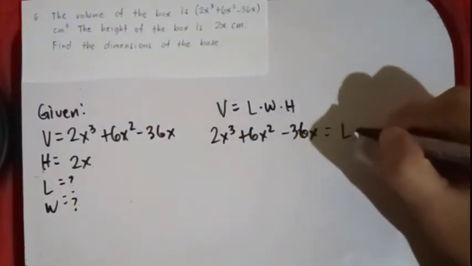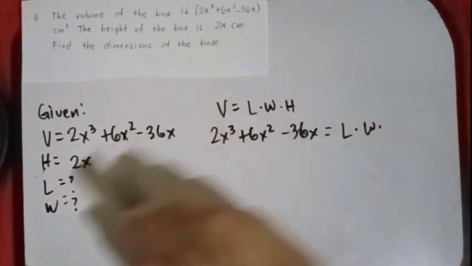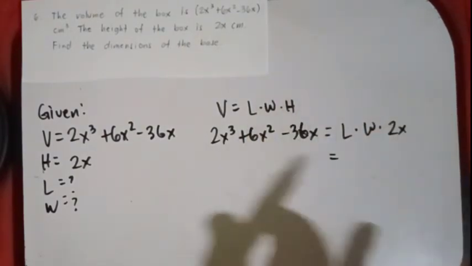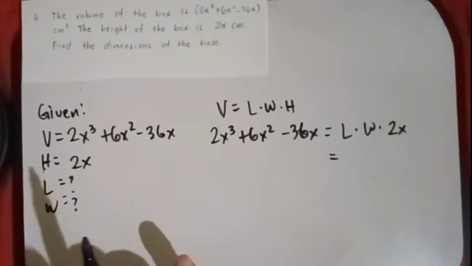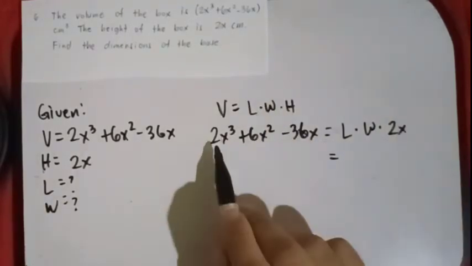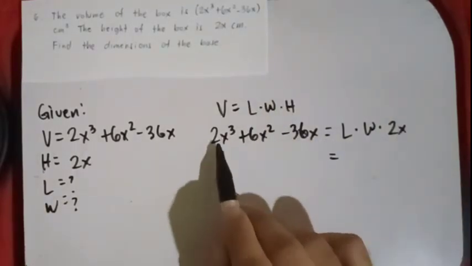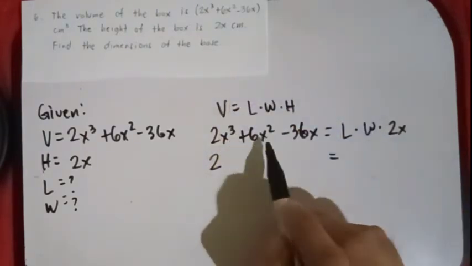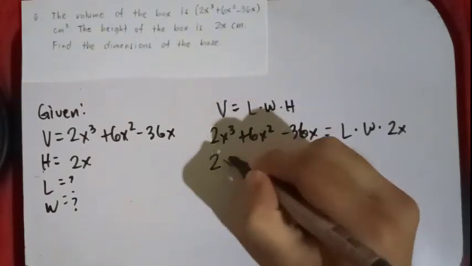So, let's copy length times width times the height, 2x. First, let's factor out the GCF. The GCF of 2, 6, 36 is 2, and for x cubed, x squared, and x it is x.